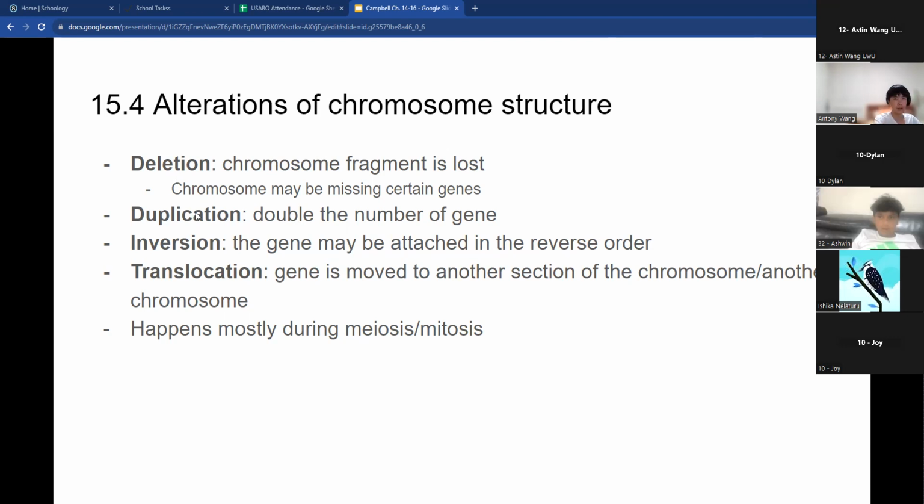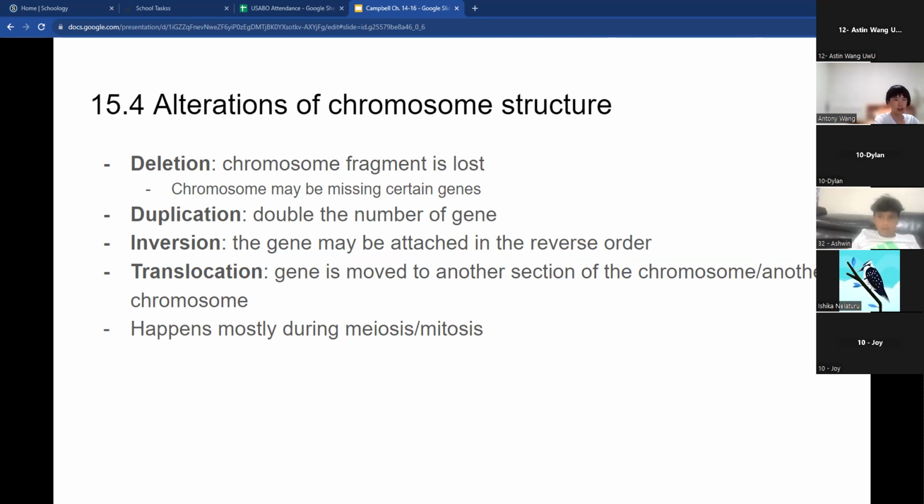Duplication, you double the amount of genes. This generally happens when DNA is being replicated, and the polymerase, the thing that makes the DNA, will fall off, and then it will go back to the start of the gene and make another copy. Yeah, the polymerase slips.